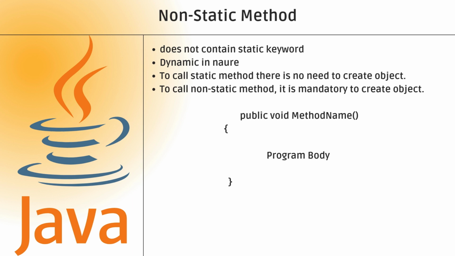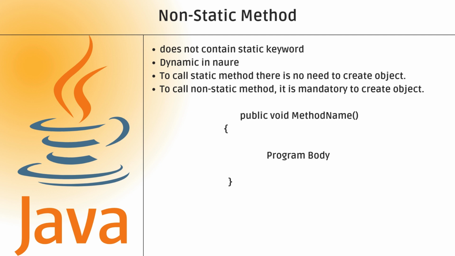Now let's see what is the non-static method. The non-static method is the method which does not contain the static keyword. As I said, static is a keyword which is predefined in Java, and the methods which contain this keyword, we call them static methods, but the methods which do not contain this static keyword, we call them non-static methods.